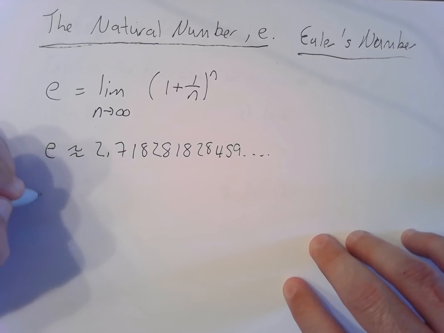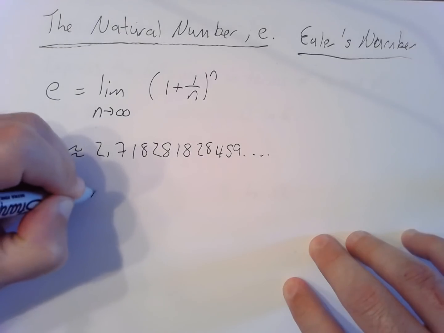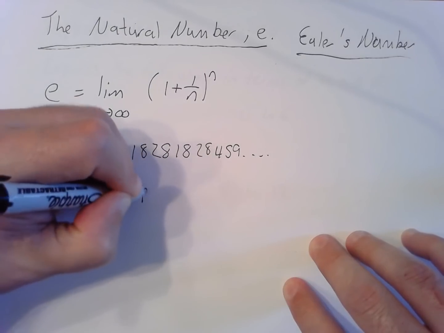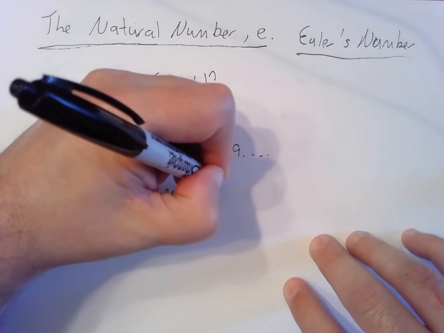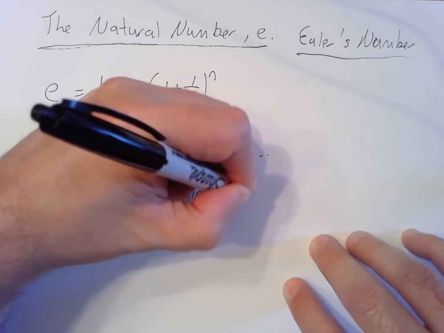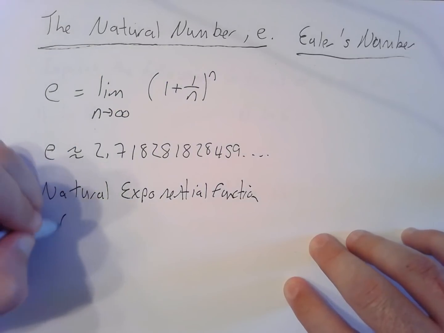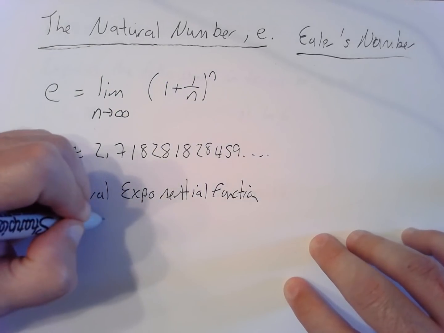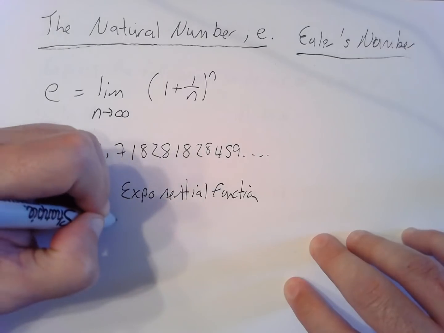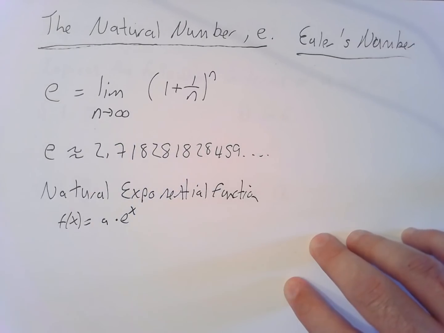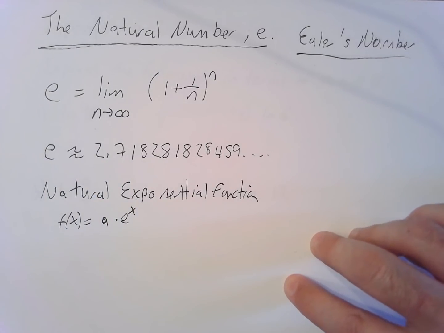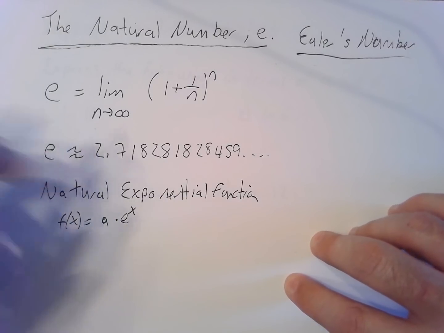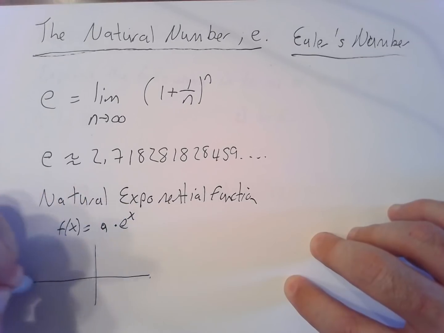I could say the natural exponential function is f of x equals some initial amount times e to the x. Makes a beautiful exponential function. It's got a base that's bigger than 1, so we get exponential growth.